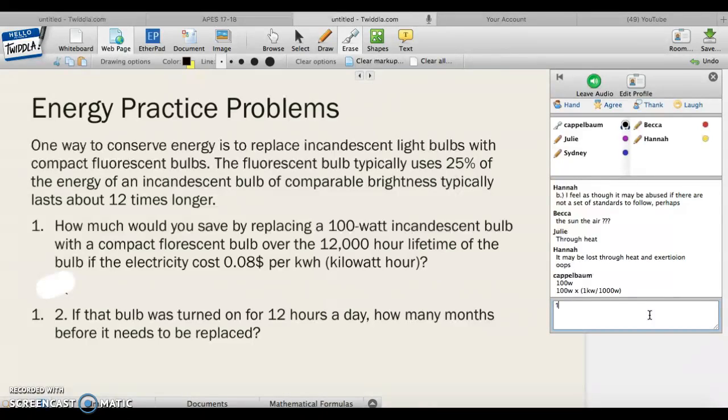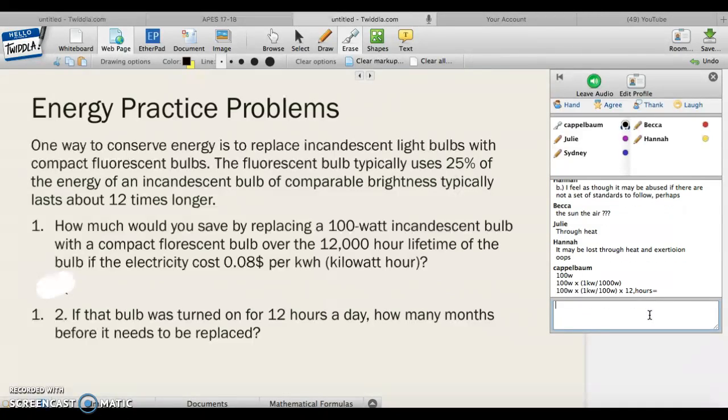You'll then take your 100 watts times your 1 kilowatt divided by your 1,000 watts and multiply that by your 12,000 hours. So how many kilowatt hours would that generate?